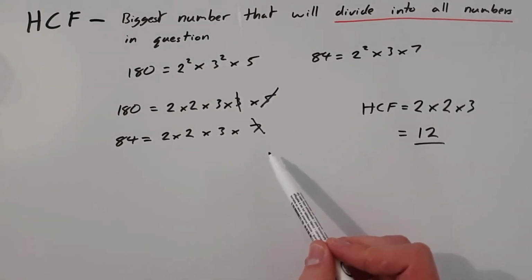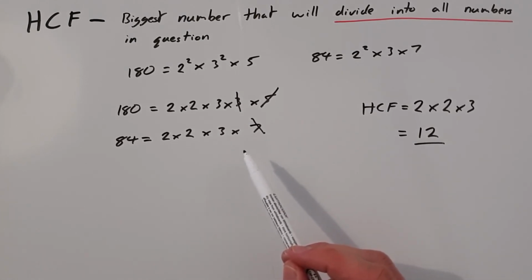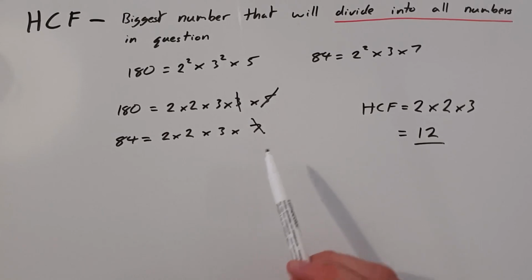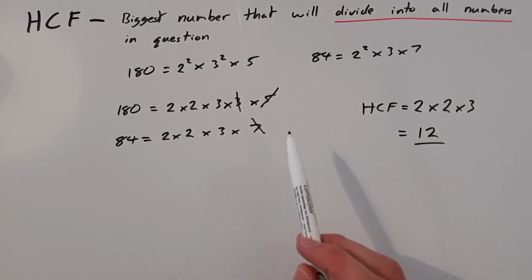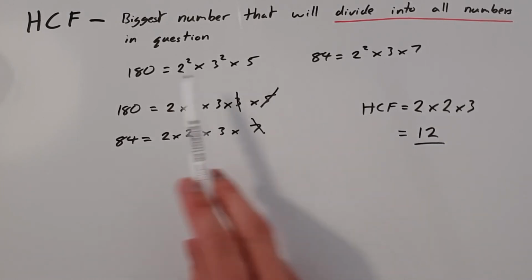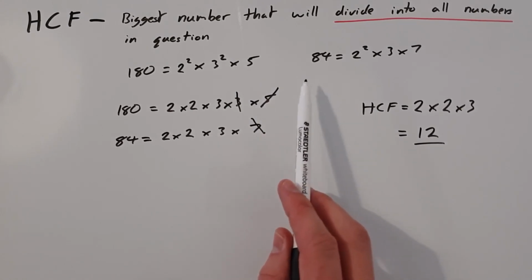It's really important that you find the distinction between the two methods of lowest common multiple and highest common factor. The quickest way to tell if you've got the right method or not is to always remember that a factor is lower than the two numbers in question and a multiple is higher than the two numbers in question.